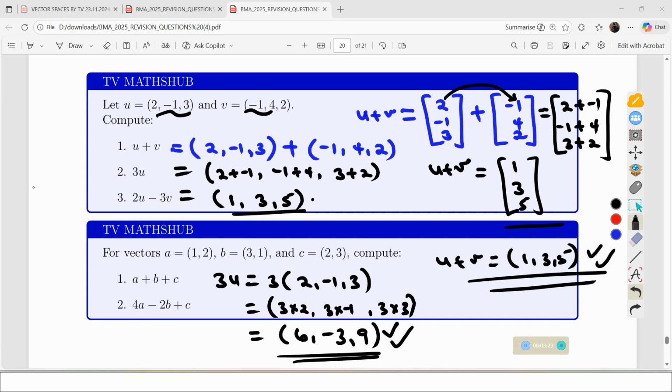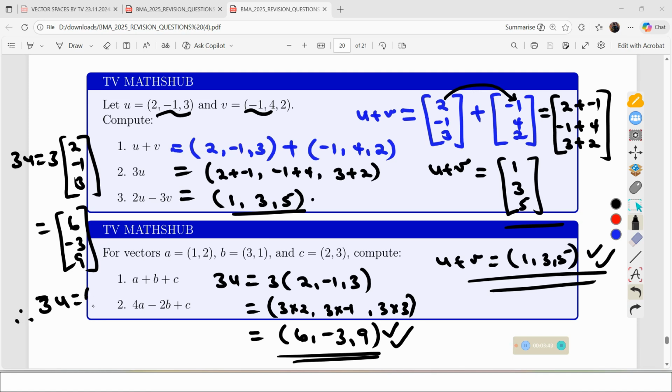If you do it in column form, then you will have 3u, which is the same as 3 into (2, -1, 3), which will give us still 3 times 2, 6, -3, and 9. Having this, you must conclude that therefore your 3u is (6, -3, 9). So that is how we obtain the answer. Okay, so we have looked at u plus v, then 3u.